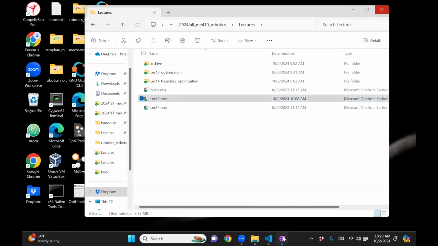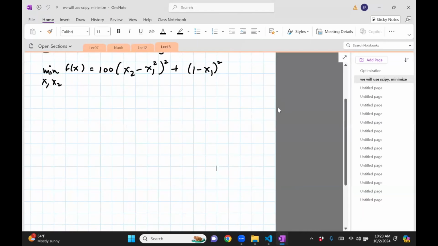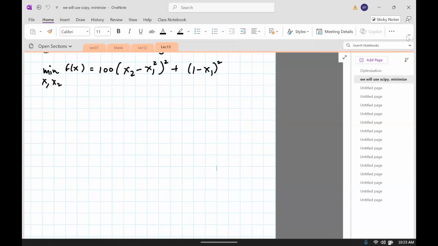So most problems in the world are not as nice as just being unconstrained optimization. You normally have to deal with lots of constraints. For example, if you're trying to start a business and you want to be profitable, let's say you open a retail store.